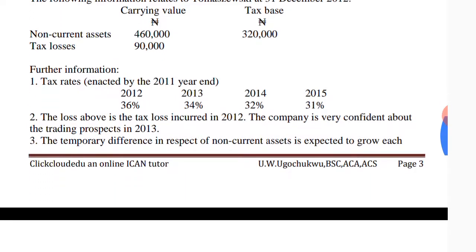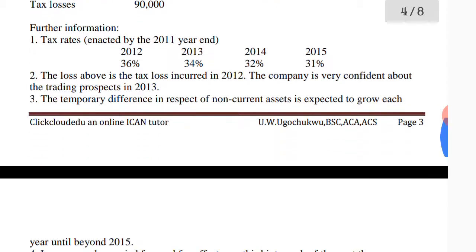Now we are told the tax rates for different years, 2012, 2013, 2014, and 2015, and we are told that the loss above is a tax loss incurred in 2012. The company is confident about the trading prospect in 2013. So the company will not liquidate in 2013. It will continue for the foreseeable future.